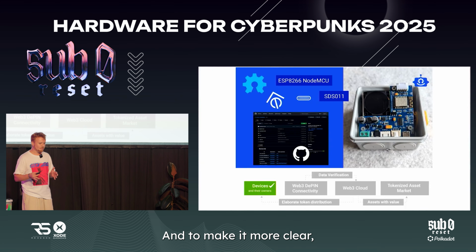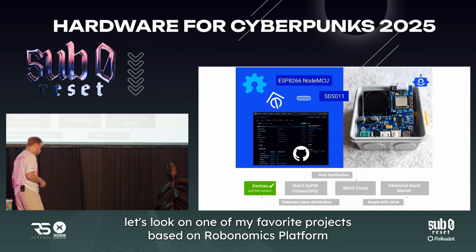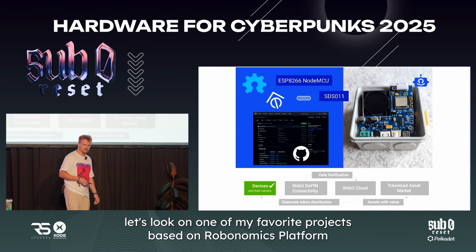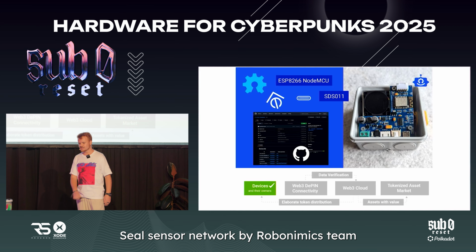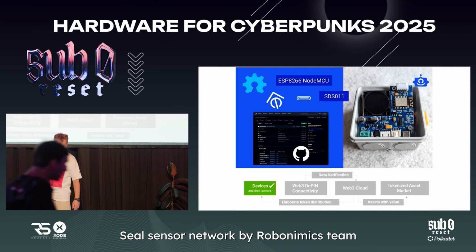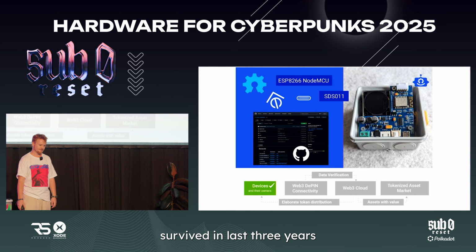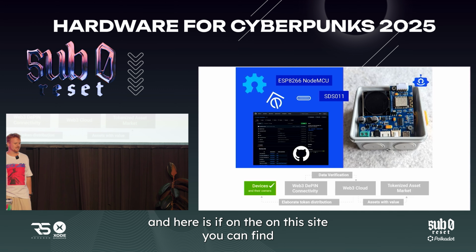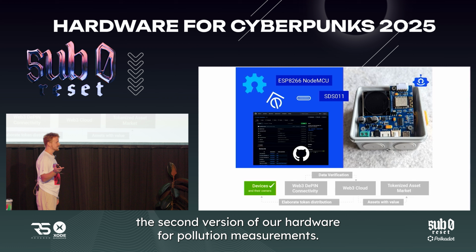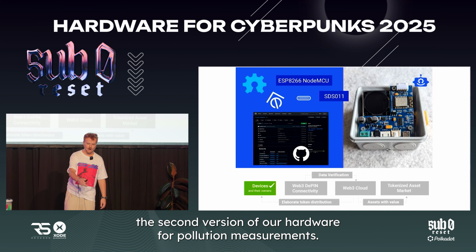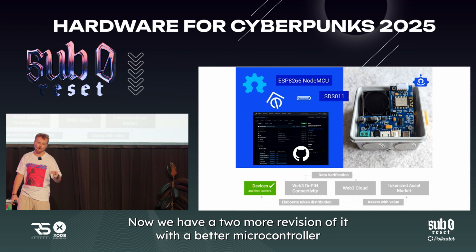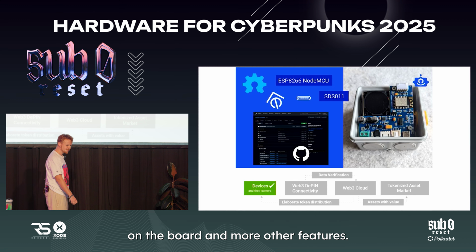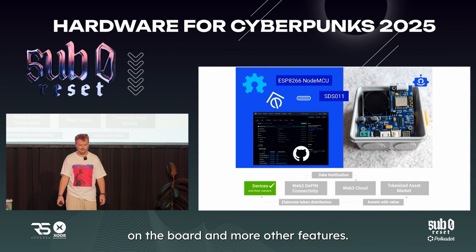And to make it clearer, let's look at one of my favorite projects based on the Robonomics platform. Civil Sensor Network by the Robonomics team has survived the last 3 years. On this slide, you can find the second version of our hardware for pollution measurements. Now we have 2 more revisions of it with a better microcontroller on the board and more features.